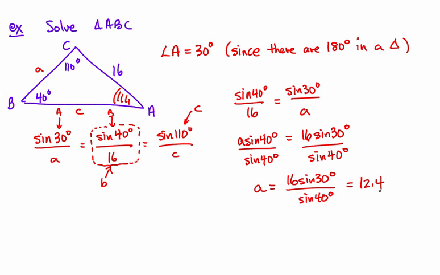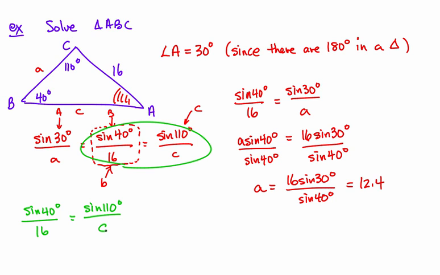that I did. To find c, I use the other two ratios, namely these two. So let's do that work in green. I have sine 40 degrees over 16 is equal to sine 110 degrees over c. Cross multiplying gives me c times sine 40 degrees equals 16 times sine 110 degrees.